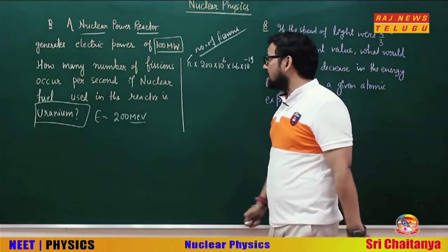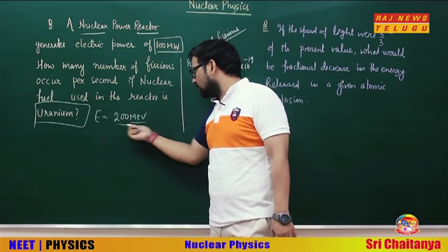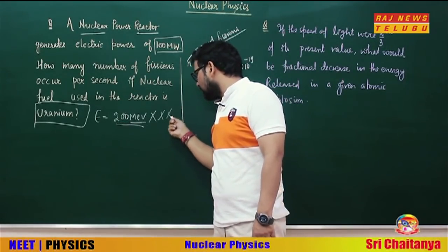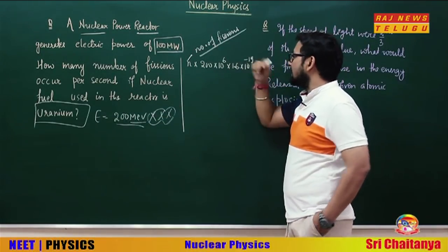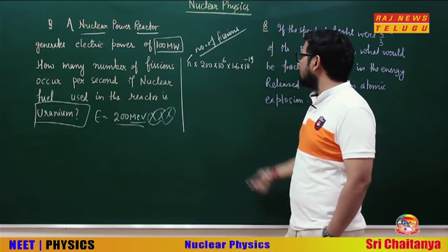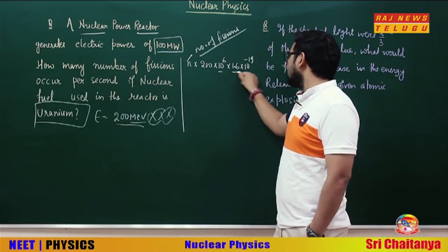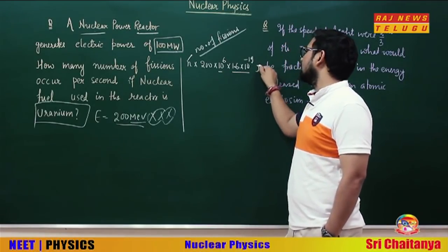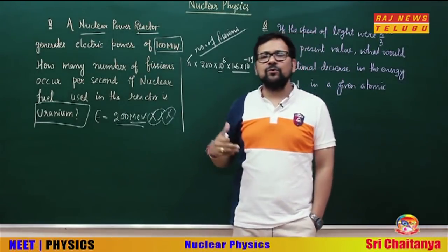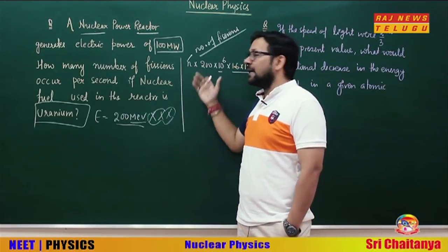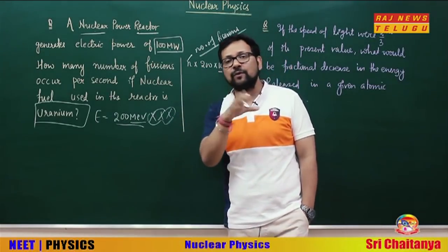Number of fissions. In one fission, what is the energy? Do memorize this, important. Number of fissions is N. What is the energy in one fission? 200 mega electron volt, and this is in joule. This much energy is there in one fission. So if they're asking for N fissions, multiply by N, and N fissions happen in 1 second.